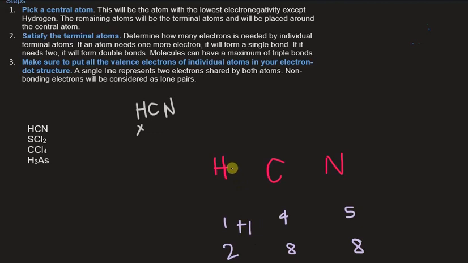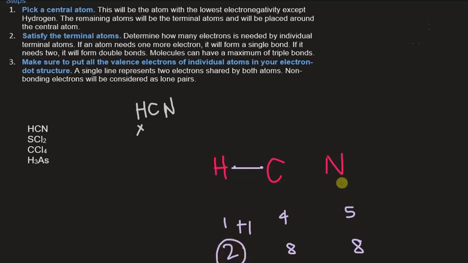So hydrogen will reach out to carbon asking for 1 valence electron. It will form a single bond. Carbon will share 1 valence electron with hydrogen. Therefore, hydrogen now has 2 valence electrons and is now happy.